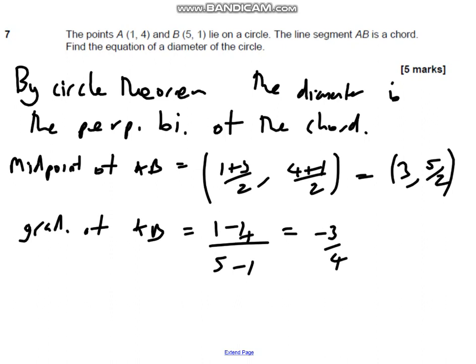And therefore the gradient of our perpendicular bisector is 4 over 3. I don't recommend writing perp bi in an exam, it might upset someone, and probably justifiably so. So write it out in full then.